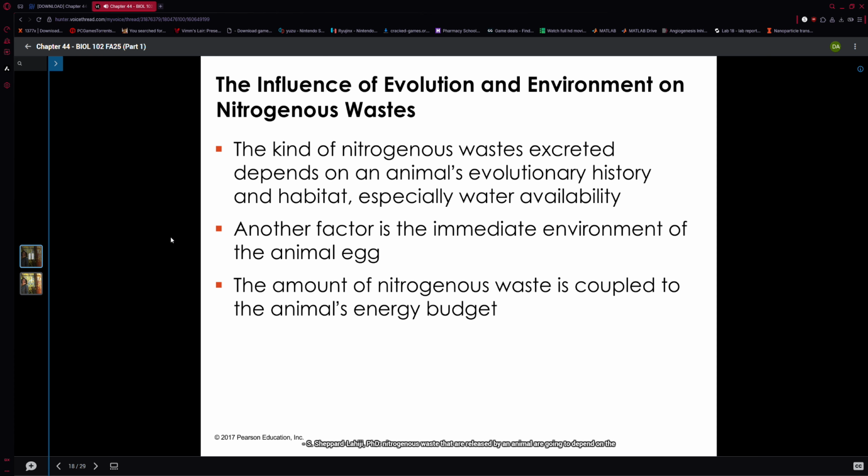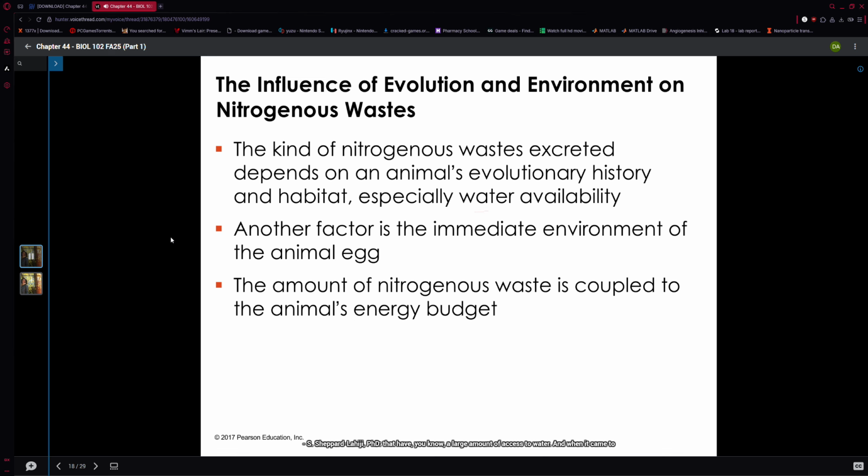The kind of nitrogenous waste released by an animal is going to depend on the evolutionary history and the habitat, but we're going to place our emphasis on availability of water. Keep in mind that ammonia was highly toxic and needed to be very dilute. So we would expect to see that in organisms that have a large amount of access to water.